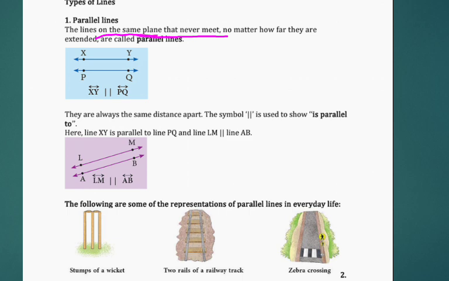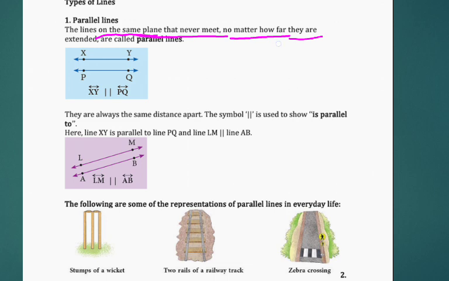The lines on the same plane never meet, no matter how far they are extended. That does not matter. They can go on for long. Those two lines are called parallel lines.